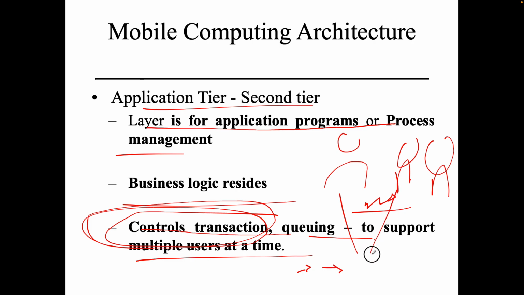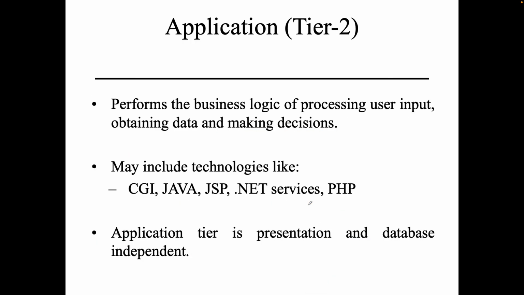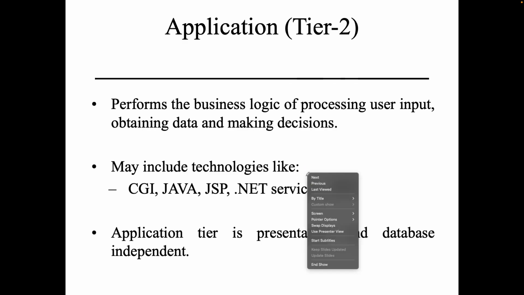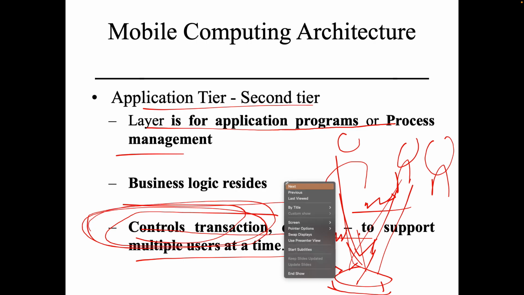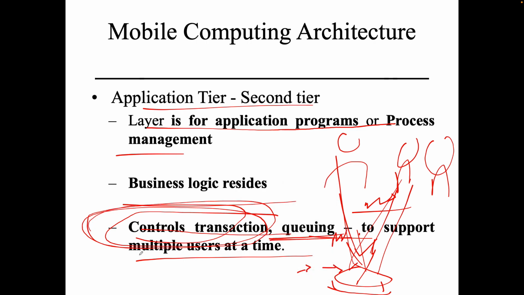If I also need file access and you need file access, both requests can't be sent at the same time on the same data. And what if there's a modification? You have to pace it out on a millisecond basis so that the same data is not called at the same time. Pacing out would not be the best example, but that is how I can simply understand control transactions: queuing of data to support multiple users.